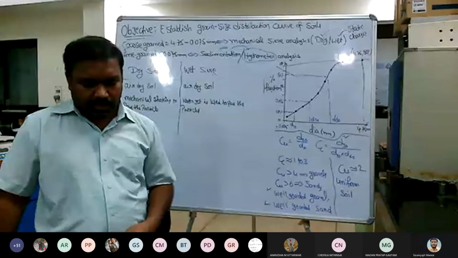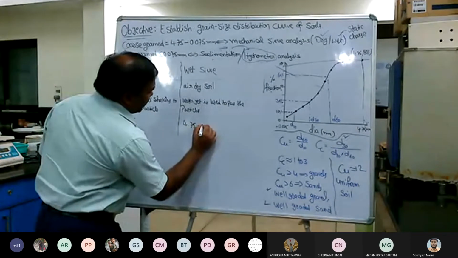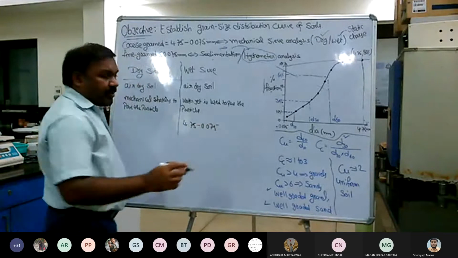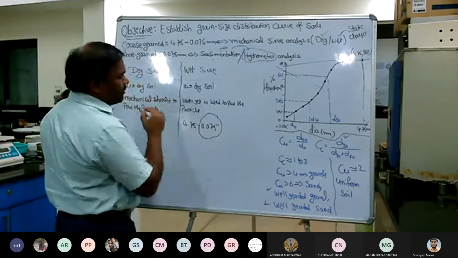See, in wet sieve analysis, as I told, you are taking the particle size range from 4.75 mm to 0.075 mm, while the majority of the fraction is on the micron side.